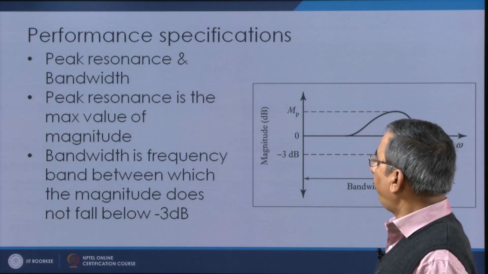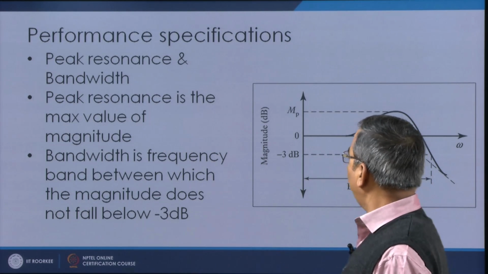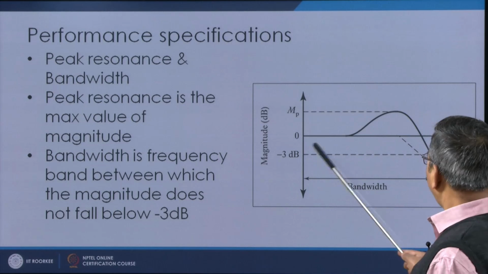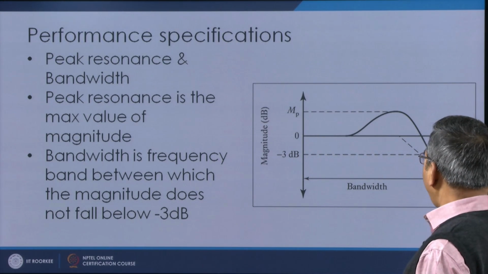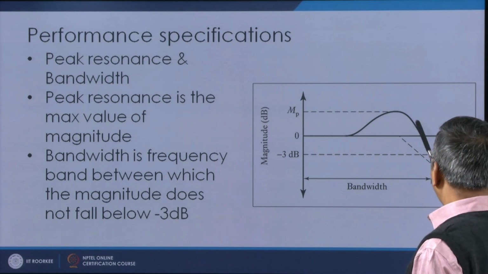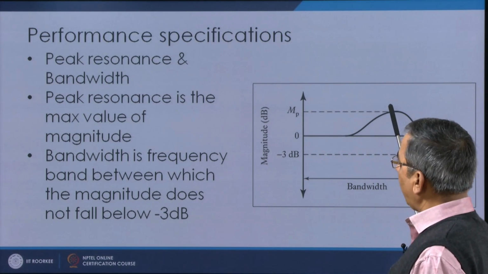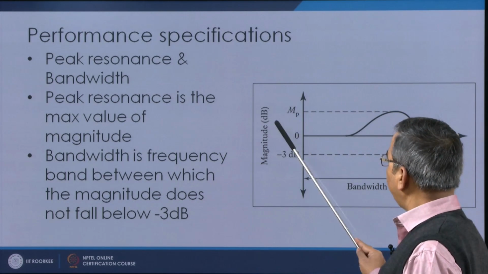The peak resonance basically is the maximum value of the magnitude. As you can see in this plot, we are plotting the magnitude in decibels with respect to omega, and say this is the system response. Here the peak value is the maximum value of the magnitude, which is what is called the peak resonance.